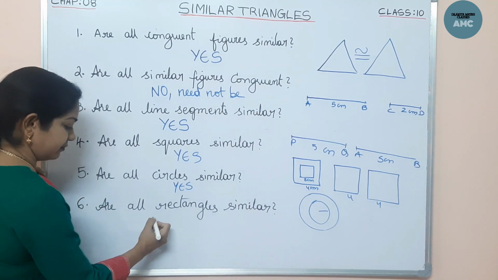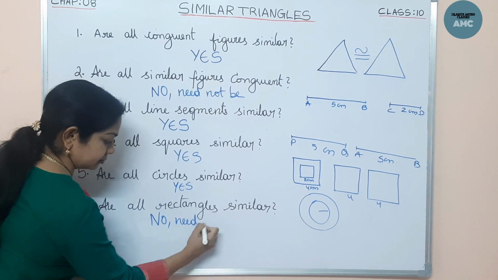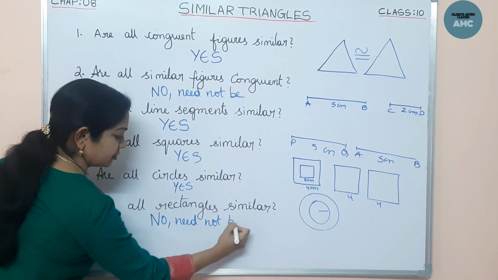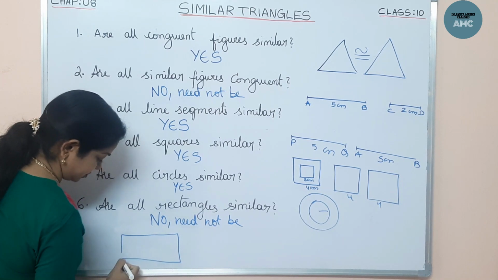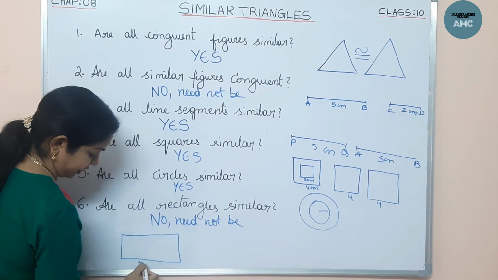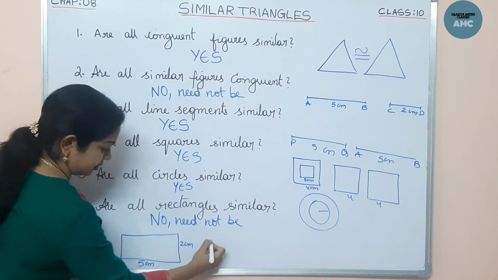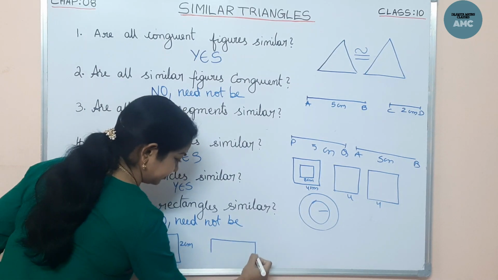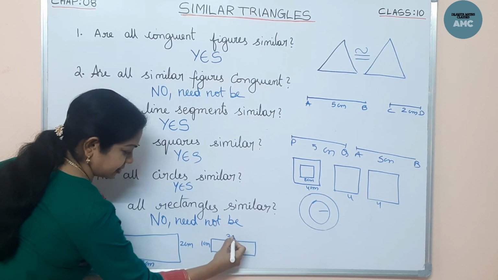So, are all rectangles similar? No, need not be. Why? I'll explain. If I take this rectangle, it has 5 centimeters length and 2 centimeters breadth. If I take another rectangle, this is 1 centimeter, this is 3 centimeters.